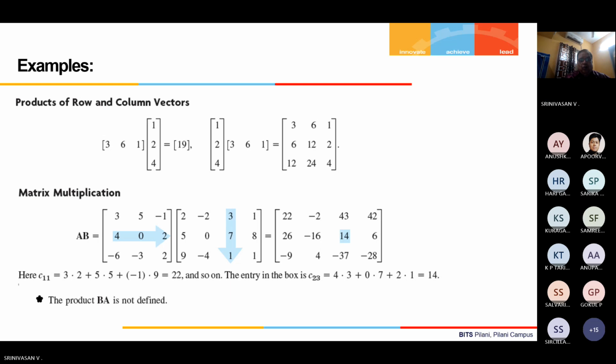Look at 1, 2, 4, the vector column matrix is of order 3 by 1. 3 rows, 1 column. This is a row matrix, that is 1 row, 3 columns, of order 1 by 3. So the number of columns of the first matrix is the same as the number of rows of the second matrix. Therefore, you have the product defined. And what is the order of the resulting matrix? It is 3 by 3. Just look, number of rows is 3, number of columns is 3. So you must get a 3 by 3 matrix.